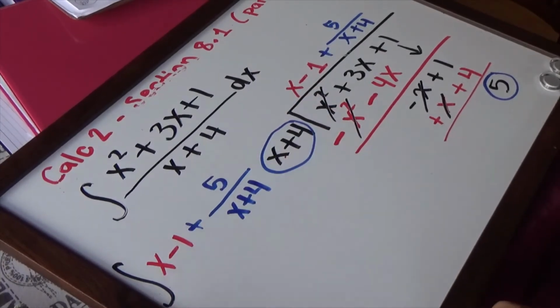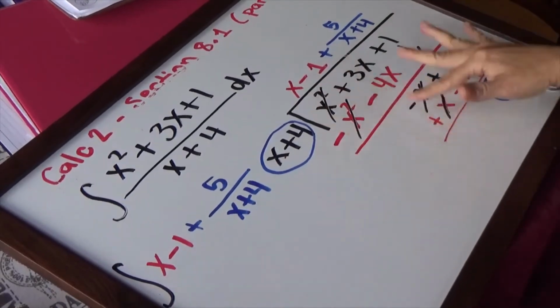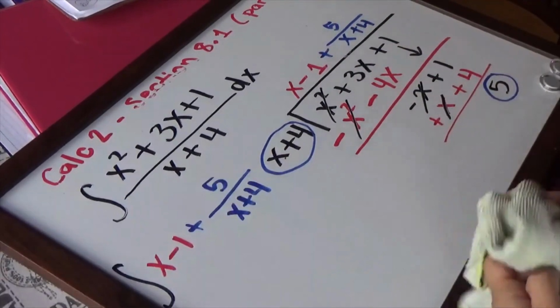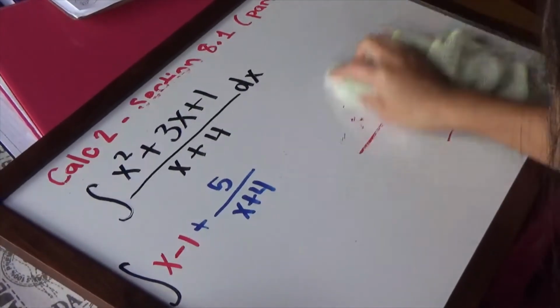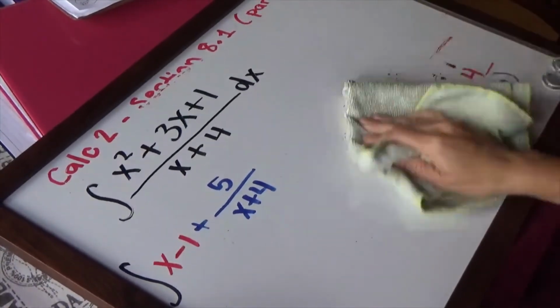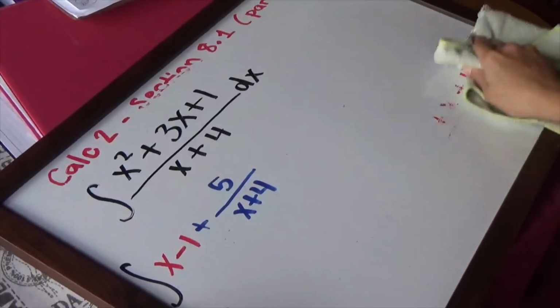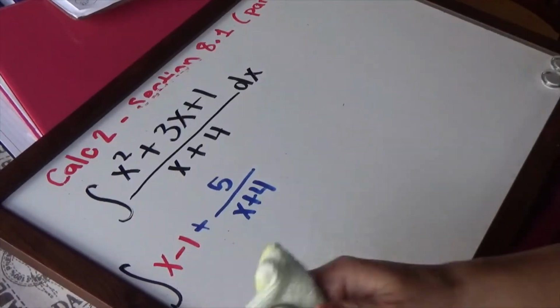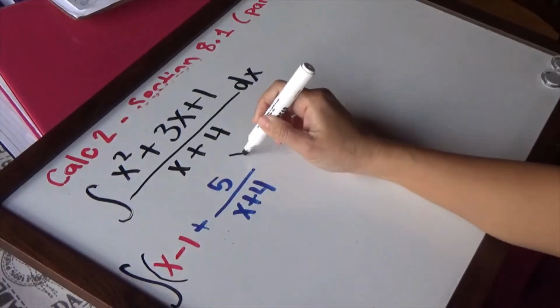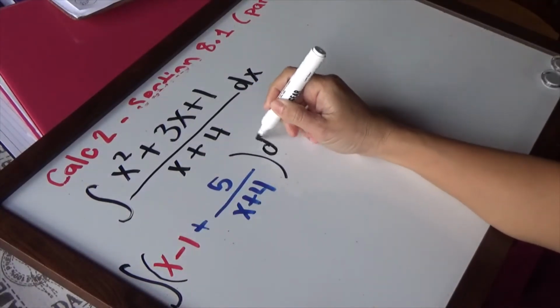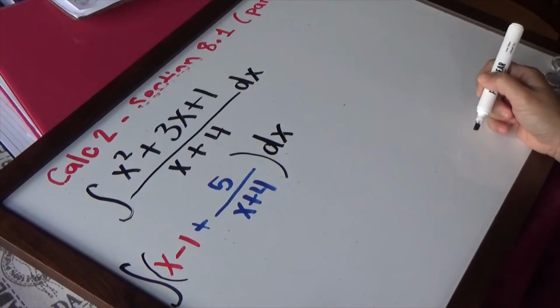Okay, so I'm going to go ahead and erase this part here so I'll have room to take the integral. And we are taking the integral of that with respect to dx.